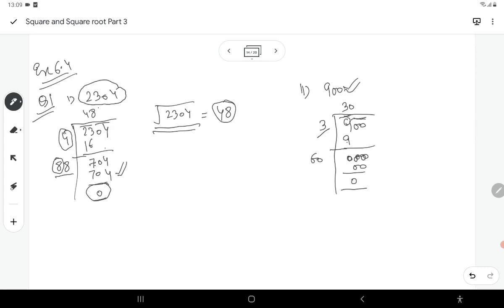Next step is double the divisor and bring it as the new divisor. So 3 2s are 6 and 60 zeros are 0. Finally the remainder becomes 0 and the square root of 900 comes out to be equal to 30.